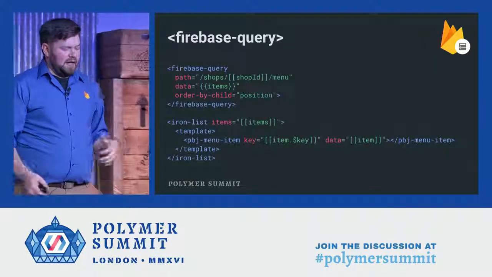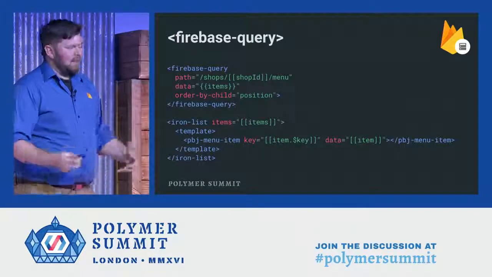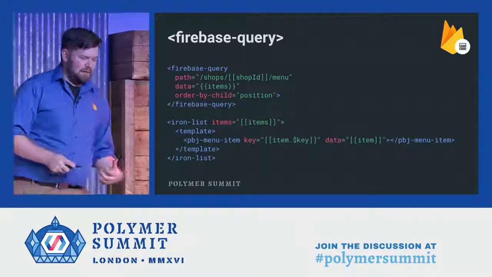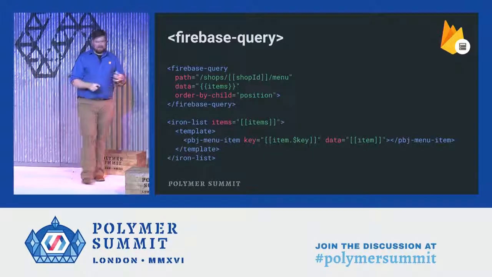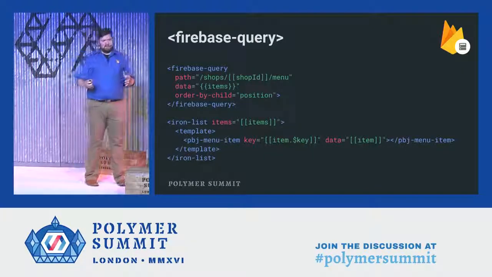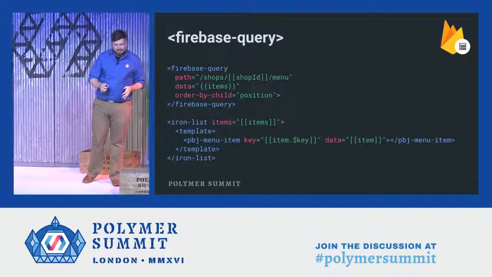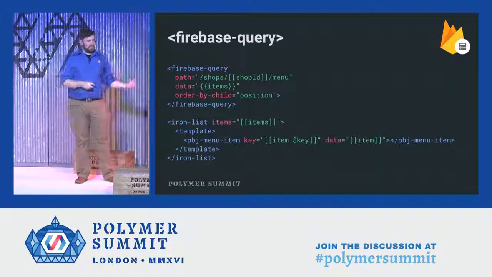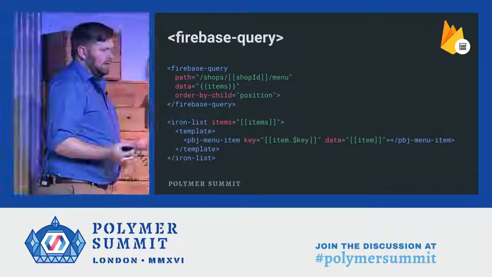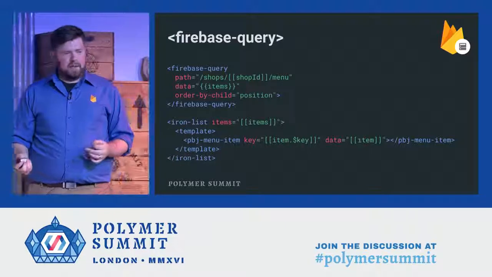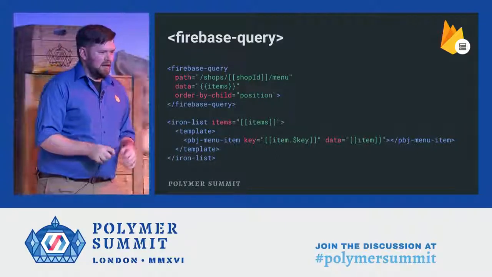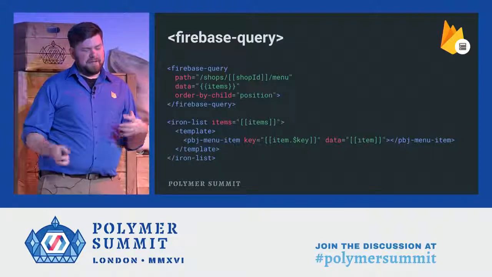With Firebase Query, again, I just have the simple path and data. So I'm binding to a path in the Firebase real-time database. In this case, that menu, and underneath that menu, there were nodes for each of the items. And I'm, again, binding the data into a property called items. And the one extra thing that I'm adding here is order by child. So this is one of a few different querying attributes that you can add.